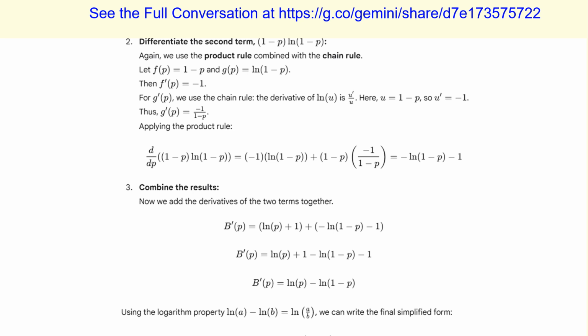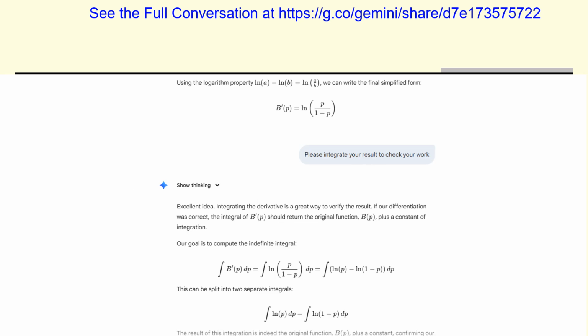Notice that this is a combination of the product rule, the chain rule, and the sum of the derivatives is the derivative of the sum. So now, is that the right answer? It's a nice looking answer, but let's ask it to integrate to check its work. Excellent idea.